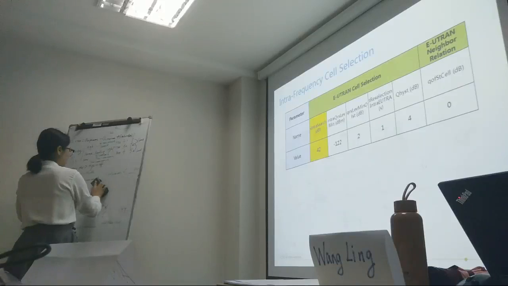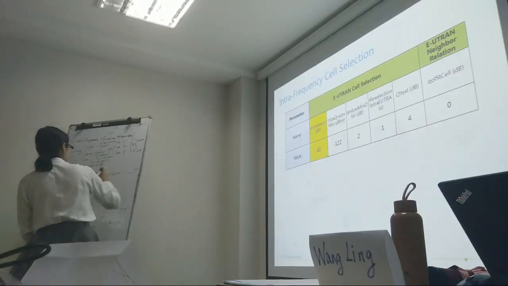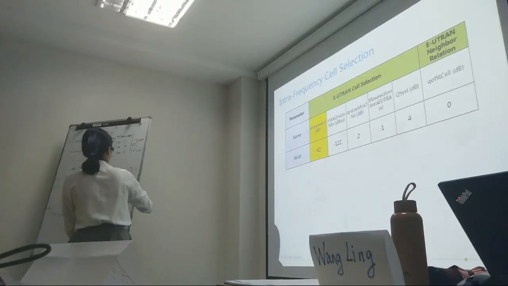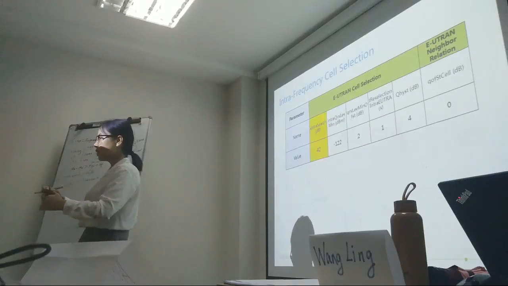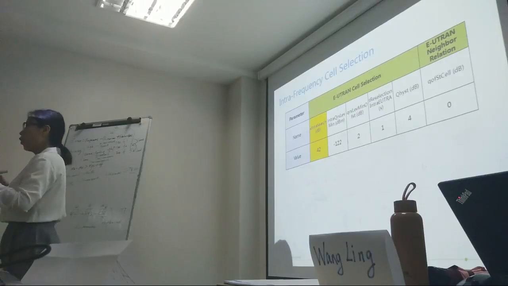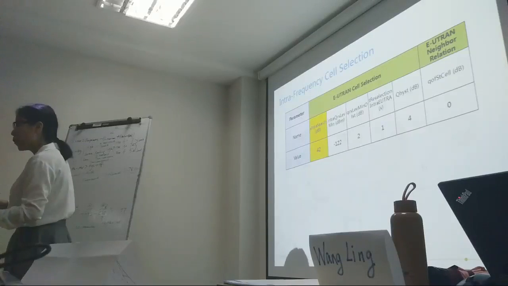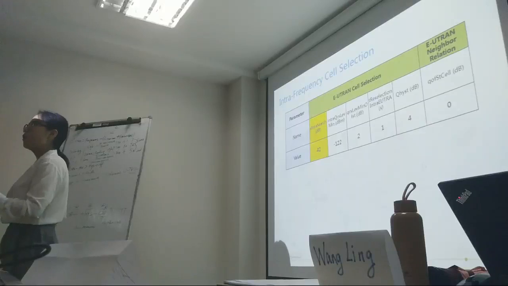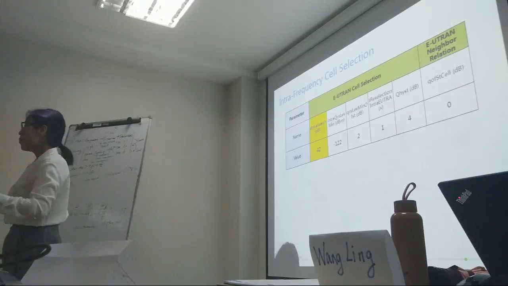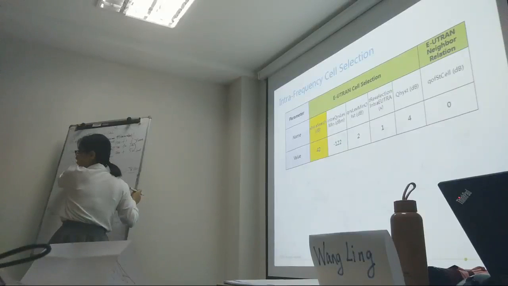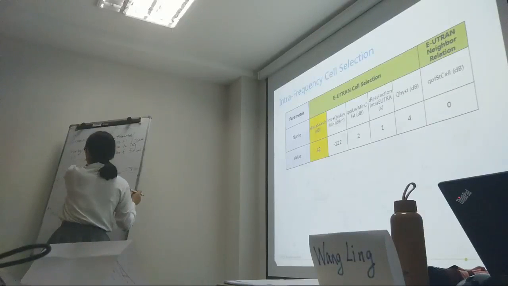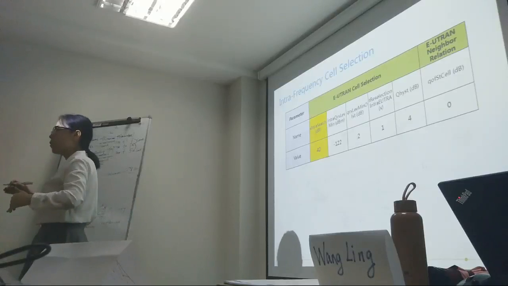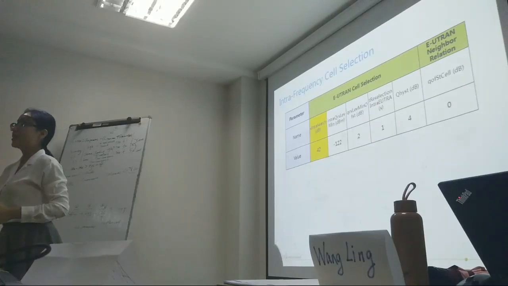Okay. We get this value is minus 78. If the serving cell RSRP is less than this value, the UE will start to measure the neighbor cells. So if the neighbor cell is greater than the serving cell by this value, it can perform the reselection.